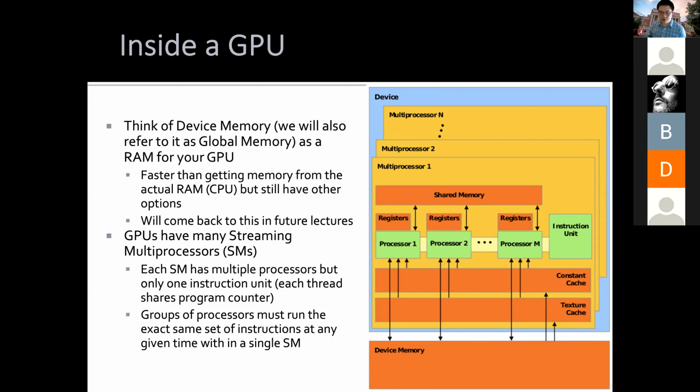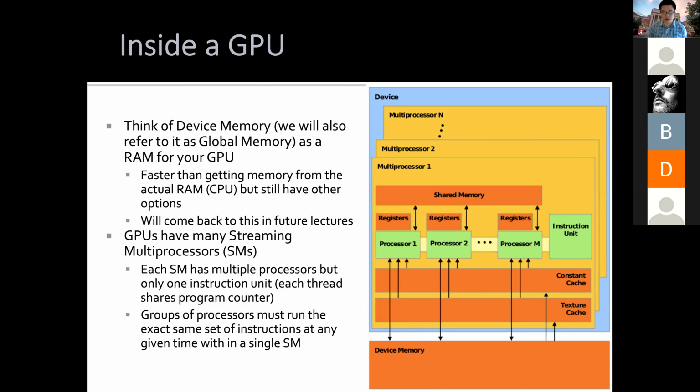As I mentioned before, 32 threads have to run the same set of instructions. Otherwise, the first 16 threads would wait for the next 16 threads, right? The root cause is that these processors must run exactly the same set of instructions at any time, given a single SM.